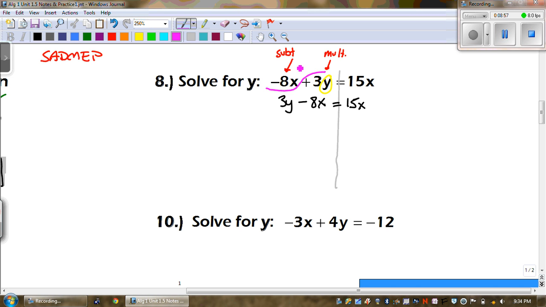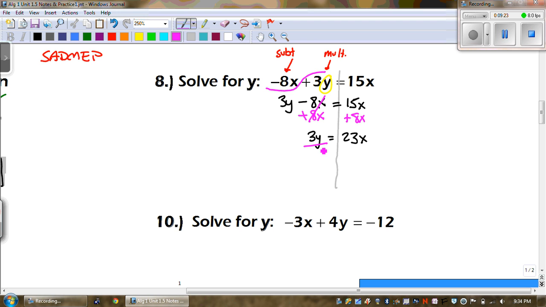Okay, anyways, we want to get rid of subtraction first. So you get rid of subtraction by the inverse operation. The inverse of subtraction is addition. And now we're left with 3y equaling 23x. Now, is the y by itself yet? I don't think so.